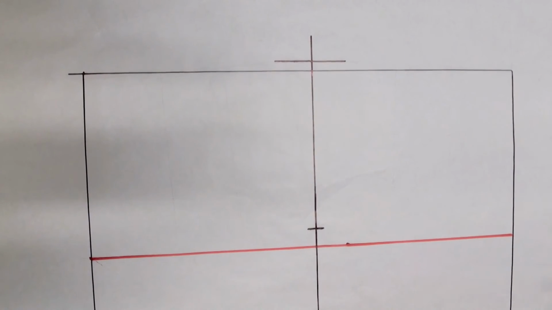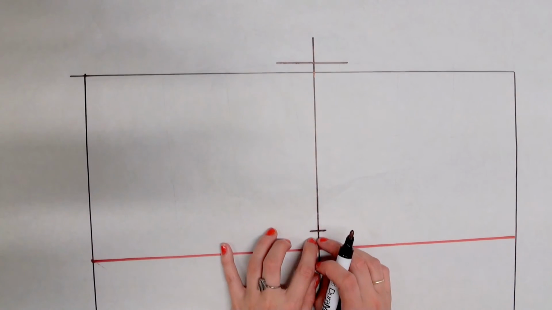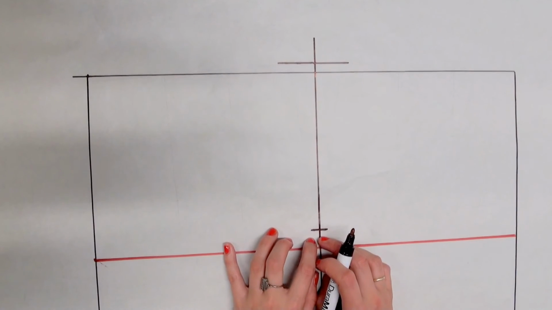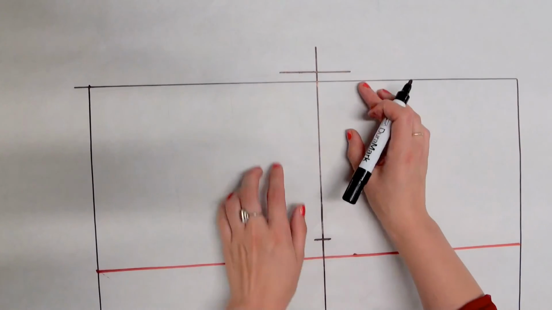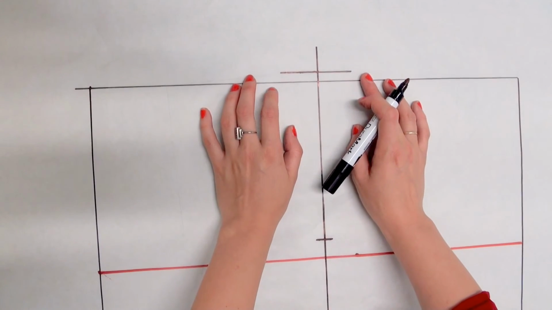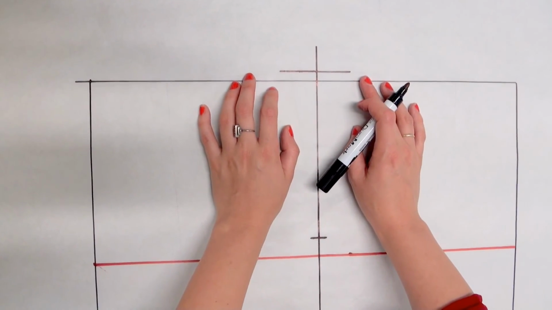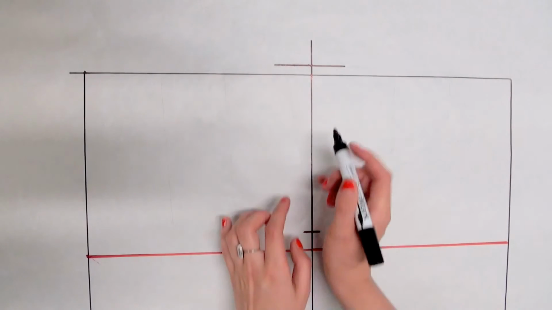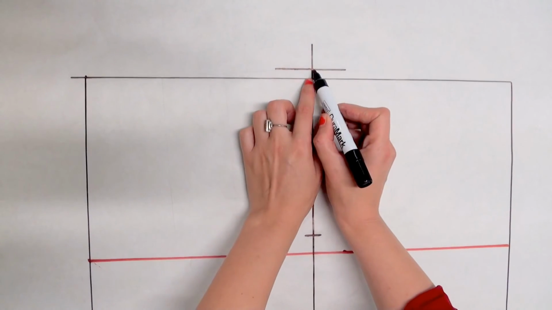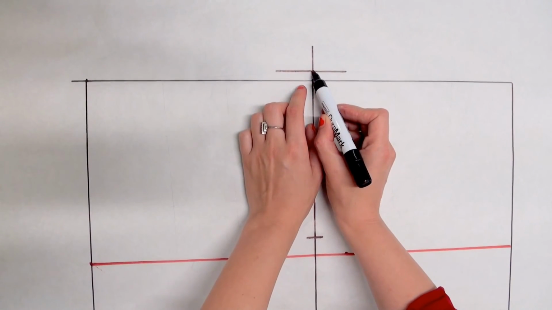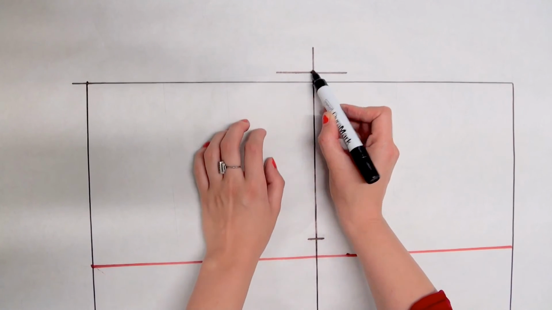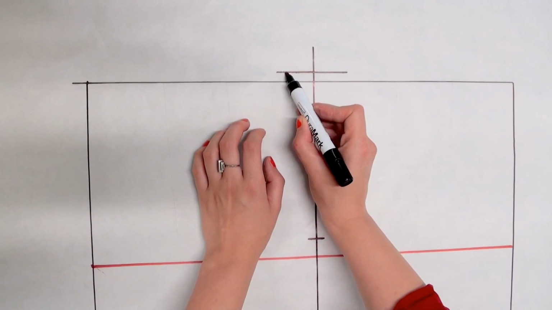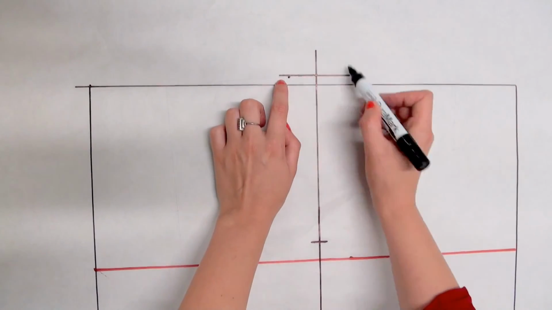Okay, so this is where now we need to use the side shaping measurement. So if you remember back to those proportions that we worked out together, the side shaping is going to be 6 centimetres. So that's in total. So what that means is from this centre line, we're going to measure out 3 centimetres in this direction and 3 centimetres in this direction, giving us a total of 6.